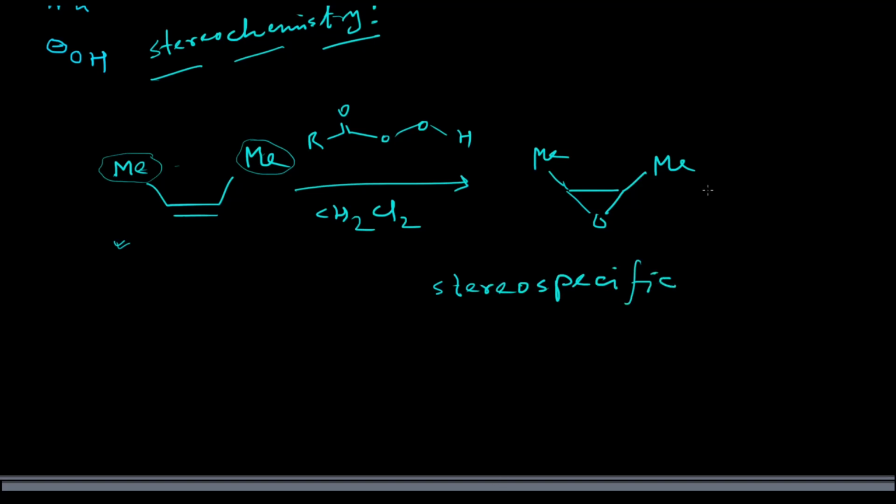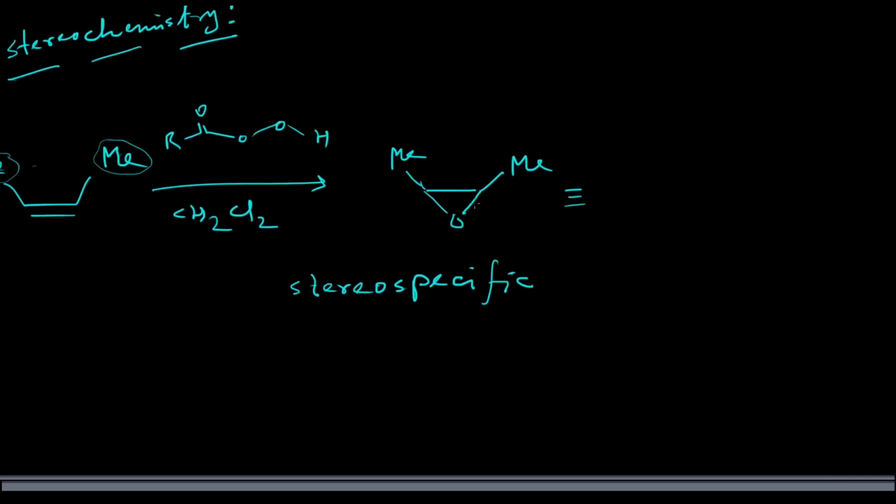If we consider the sawhorse projection formula of this molecule, it will look like this. Okay, when electron donating substituents are present in the alkene molecule, then the rate of the reaction is found to be faster.